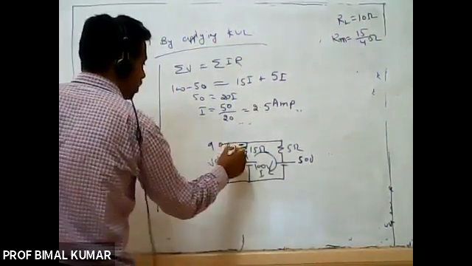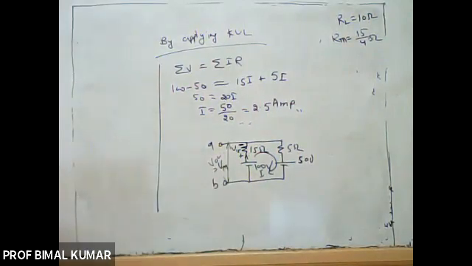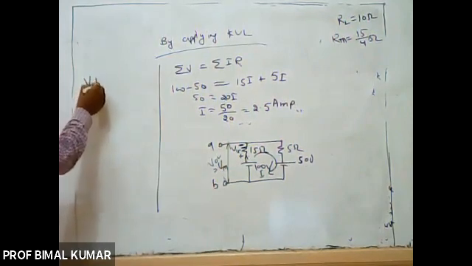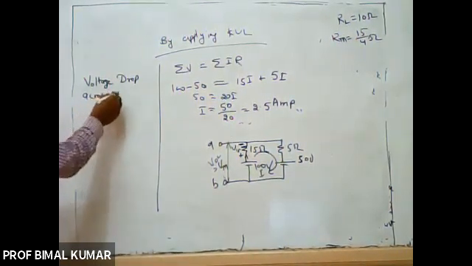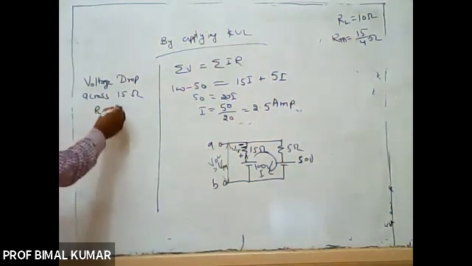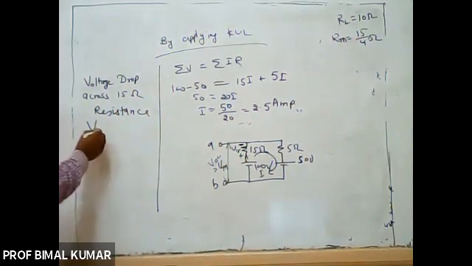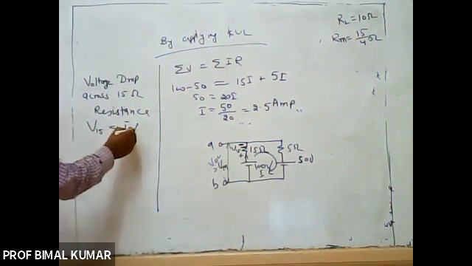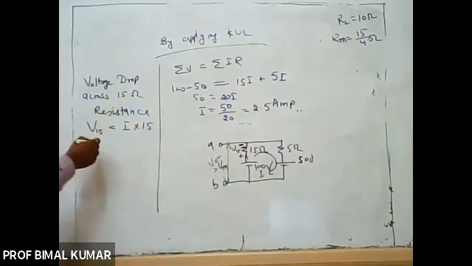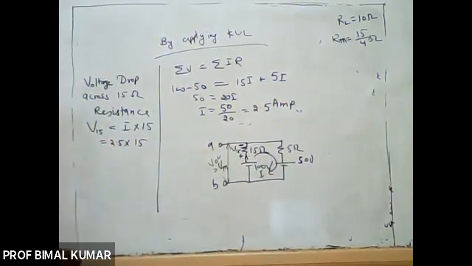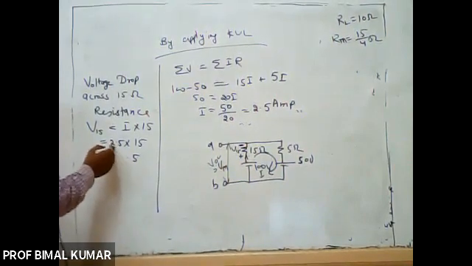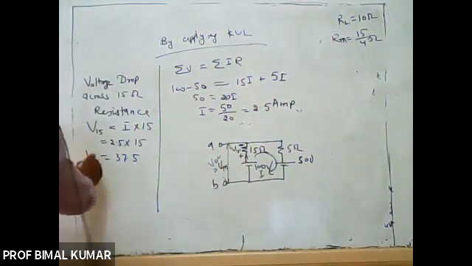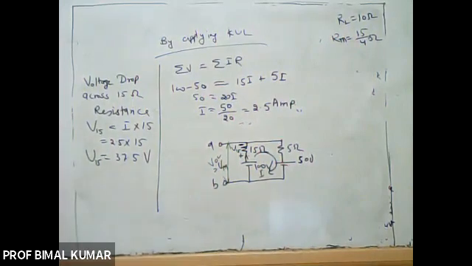Let us suppose the voltage across the 15 ohm resistance is V15. So the voltage drop across the 15 ohm resistance, V15, is equal to I into R, that is 2.5 into 15, which is 37.5 volt.